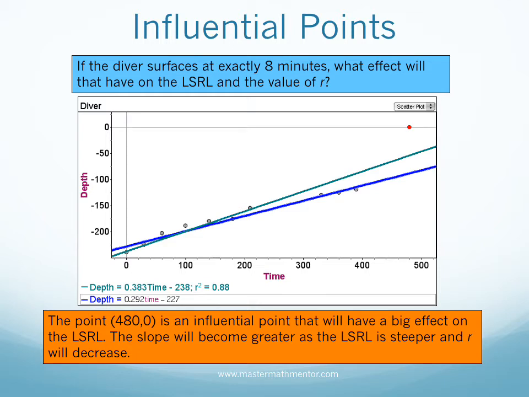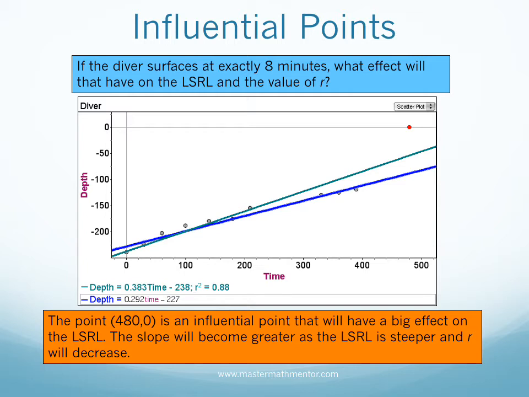When examining the scatter plot, we see that, without even doing any calculations, the slope of the least squares regression line will increase. The red point acts like a magnet, increasing the slope. We call this an influential point. Influential points are points that, if removed, would markedly change the slope of the regression line.